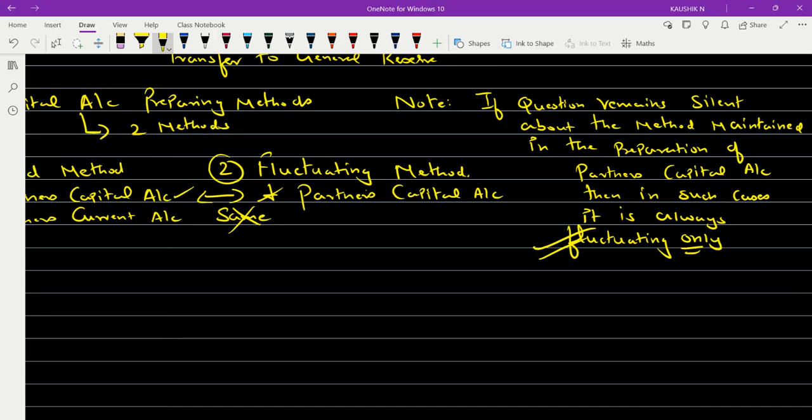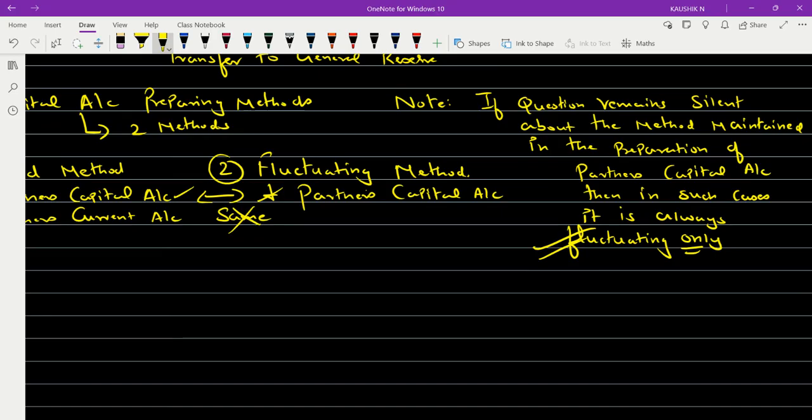Or if the question says very clearly, following the fluctuating capital method, you need to prepare the partner's capital account. Then according to that method, whichever ledgers are to be prepared, you will have to prepare them. Hope I am making sense to you. Are you able to get my point?